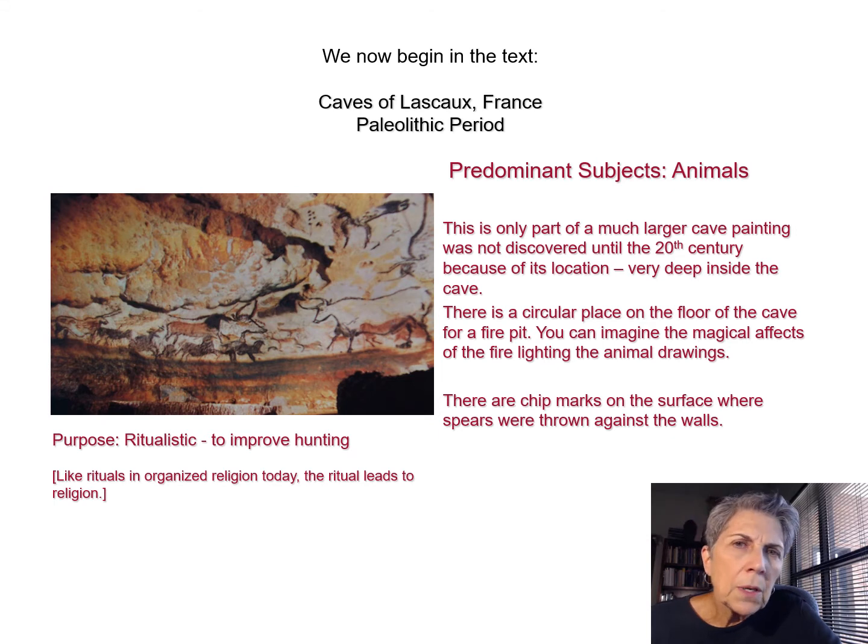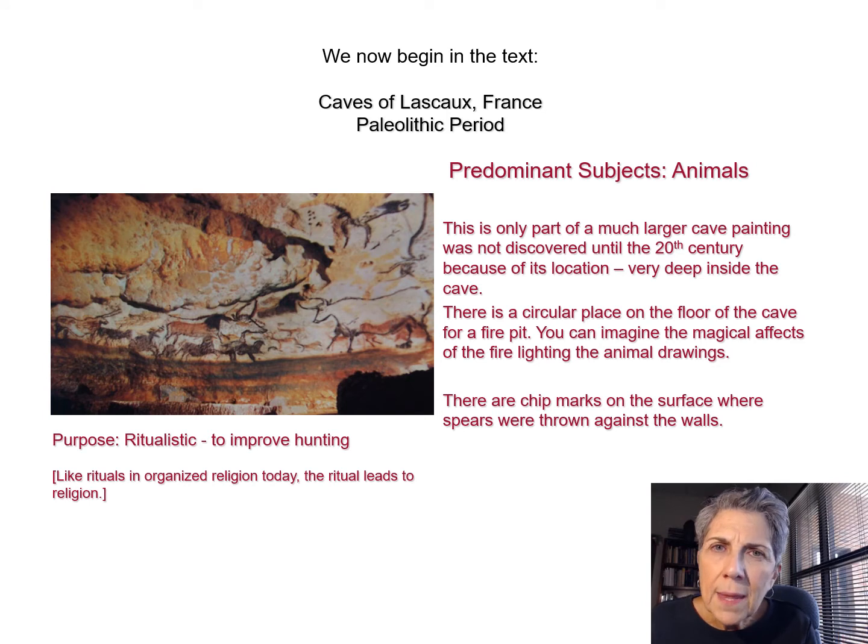And so as you can imagine, if you've ever been to a cave or sat by firelight in the dark, in the center of this cave is a fire pit where people would sit. And on these walls, these painted walls of animals, there are also chip marks where people would throw their spears against the wall and try and hit these animals.